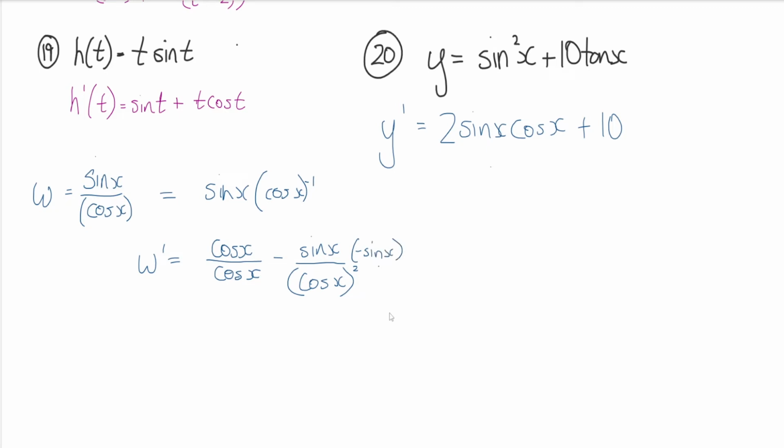So actually our negatives cancel here. We end up with plus, and we get sine squared x over cos squared x.